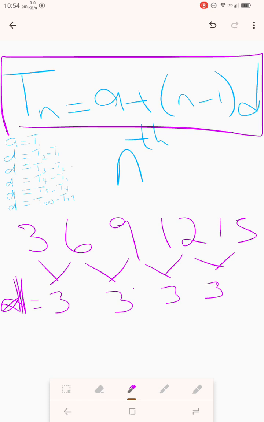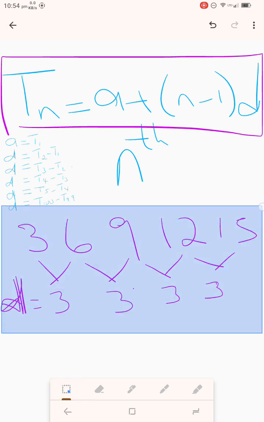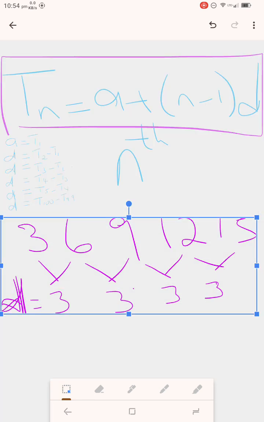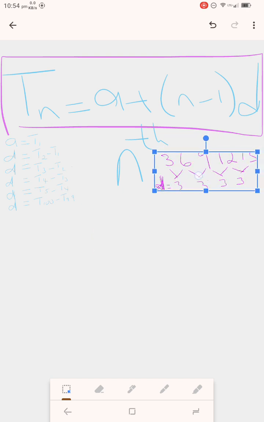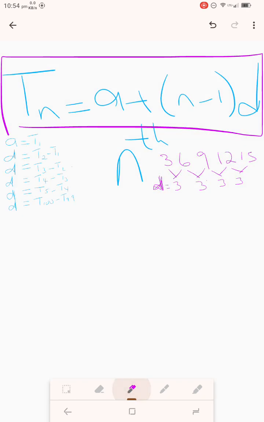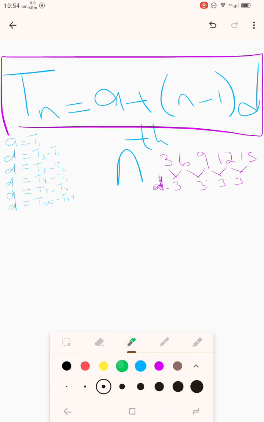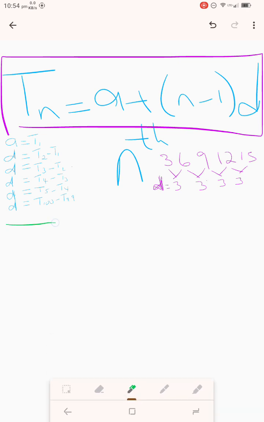So now let's say we have an example like this one, guys. You're going to do your substitution from the equation at the top there. When you do the substitution, the term Tn, which is the general term, is equal to term number 1.